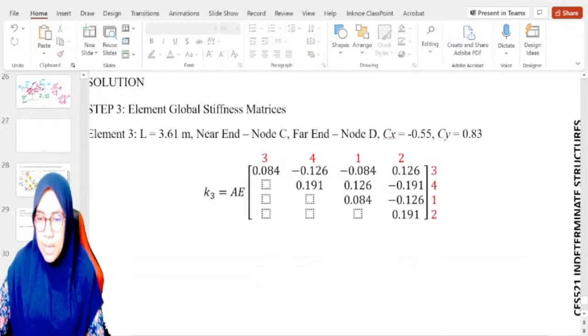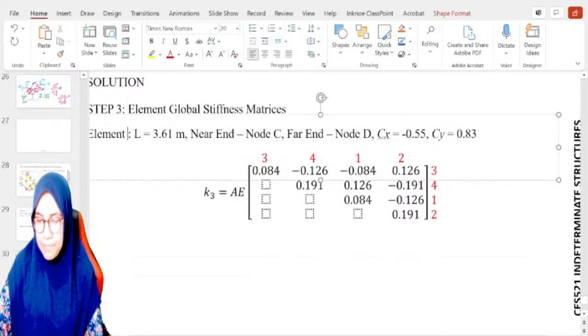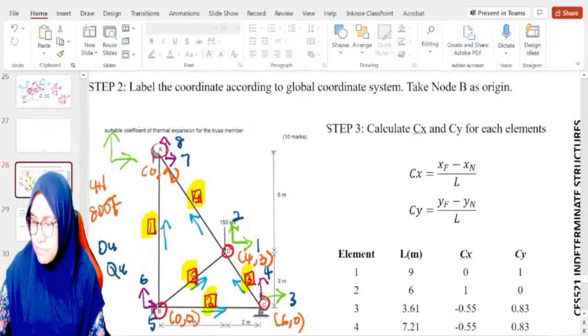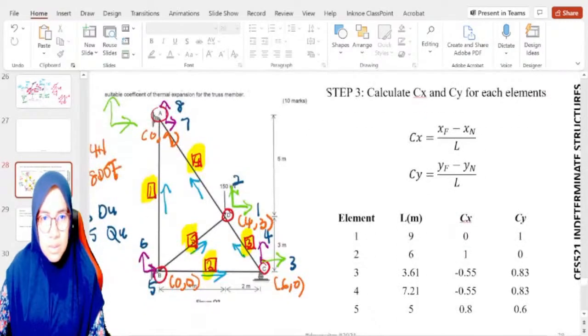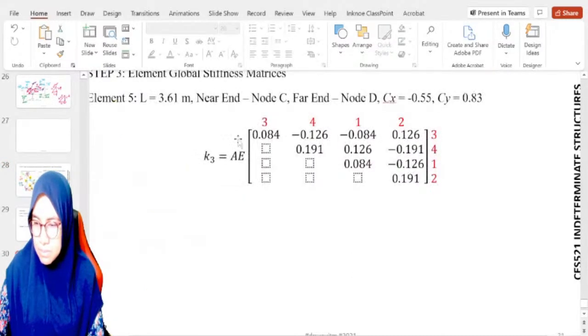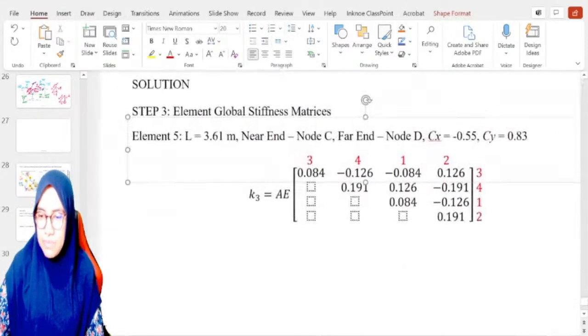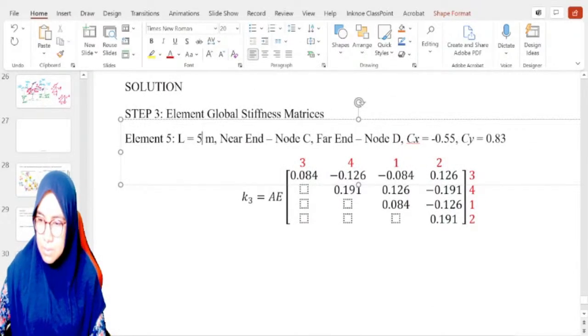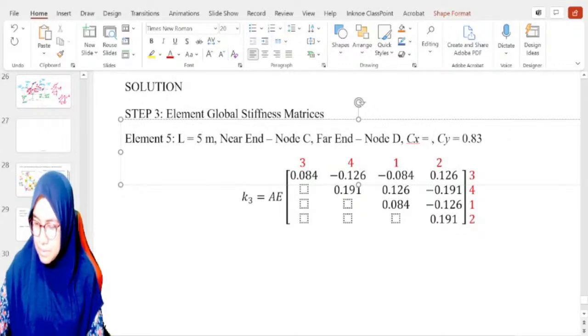The length for element number 5 is 5 meter, with 0.8 and 0.6.